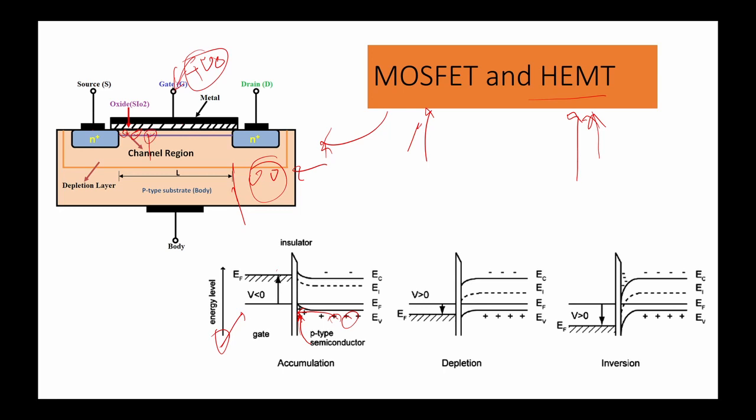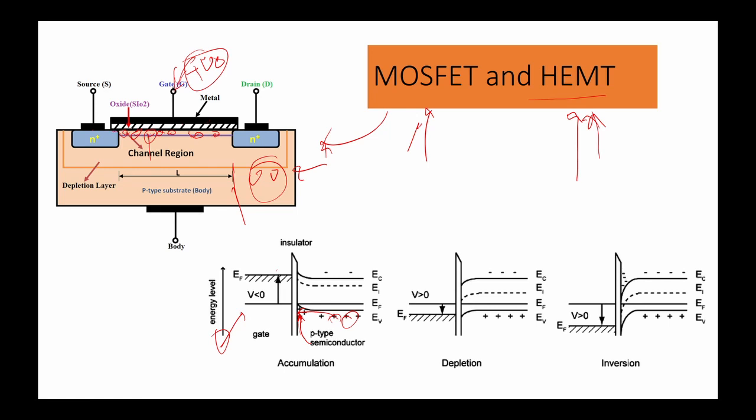Electrons will be there. We call it inversion because it was a p type substrate and it is now n type at this junction. Accumulation happens with majority carriers; inversion happens with minority carriers. So a channel is created at the interface of the oxide and the semiconductor.